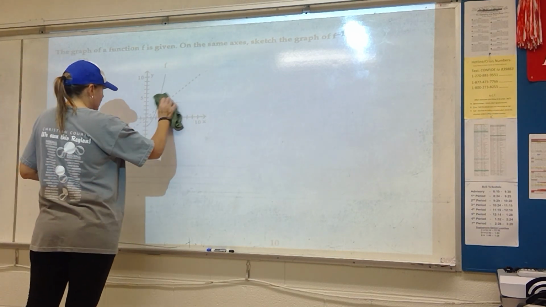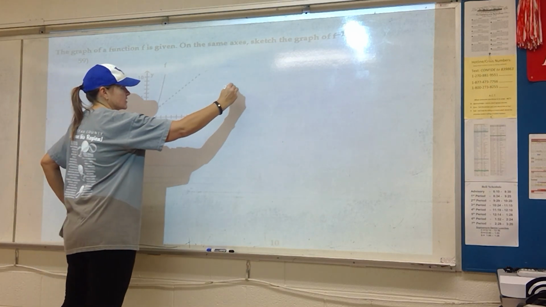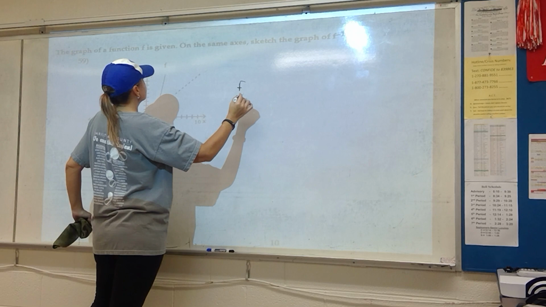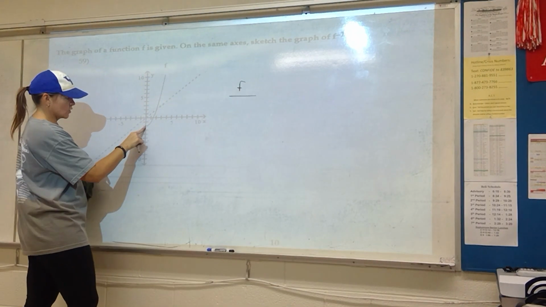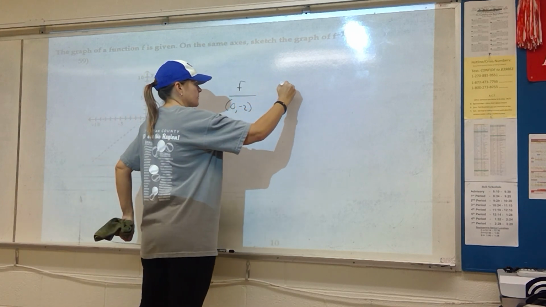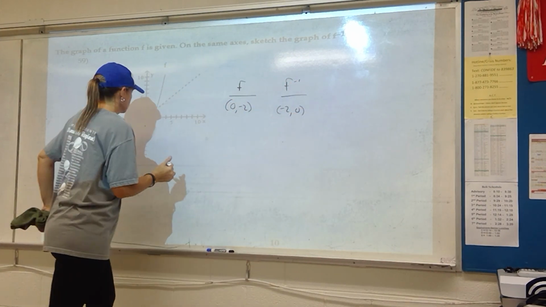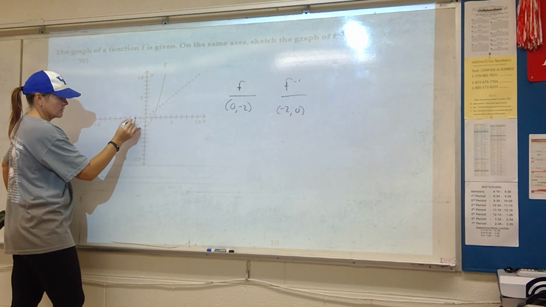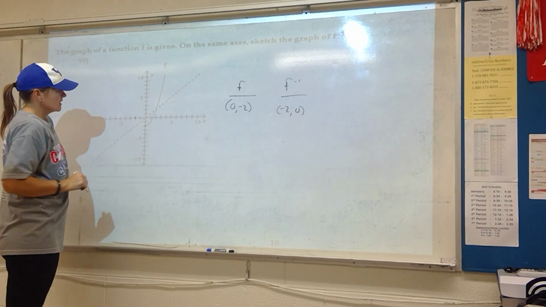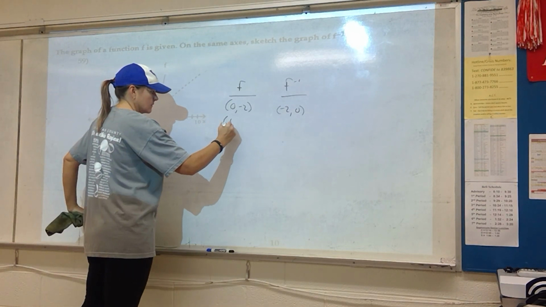So I like to pick ordered pairs on the original function. So for example, on the original function, f, this ordered pair is 0, -2. Well, what would that be on the inverse? That'd be -2, 0. That's where you would start. This point right here looks like it's 1, -1.